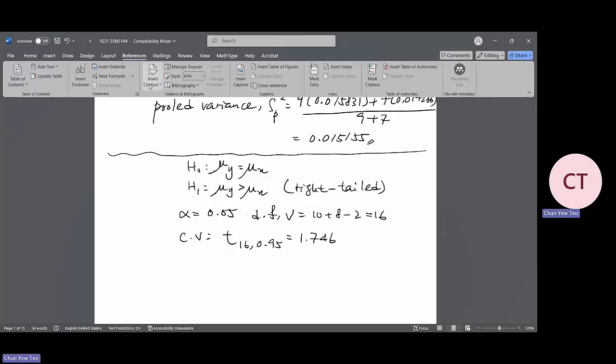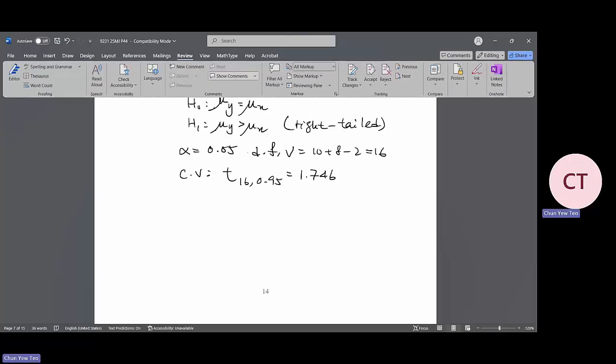Now we need to find the test statistic. The test statistic is bar y minus bar x minus mu y minus mu x, divided by the square root of S_p squared times 1 over 10 plus 1 over 8.